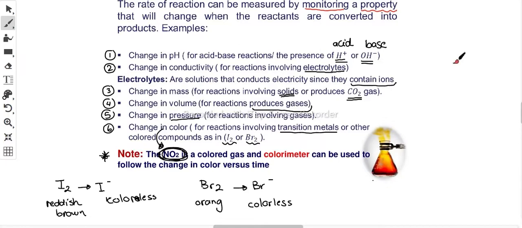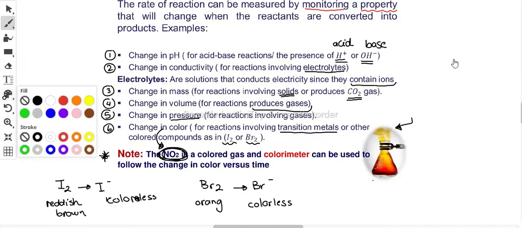And I have a small figure that will help you to remember that NO2 is considered a colored gas. The color of this gas is orange, reddish orange. So remember that the NO2 presence could mean a change in color. All other types of gases, nitrogen, oxygen, noble gases, are normally colorless, so you cannot go through the change in color. But the NO2 specifically is colored.